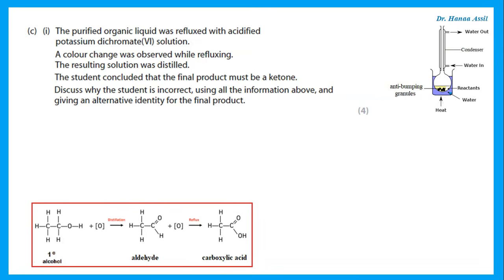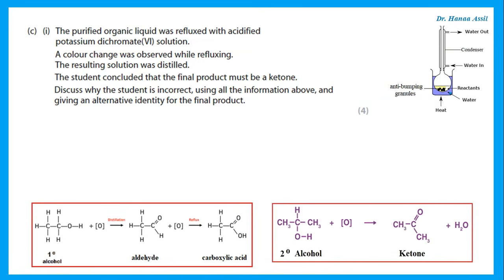We know that if my original organic liquid is a primary alcohol, it can be oxidized to give an aldehyde and eventually an acid. If it were a secondary alcohol, it can be oxidized so that the final product is a ketone. So it's a ketone only if the purified organic liquid was a secondary alcohol.